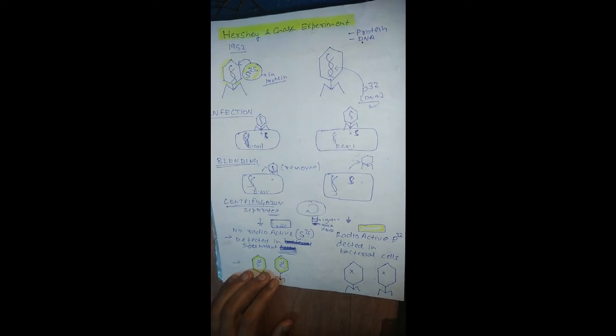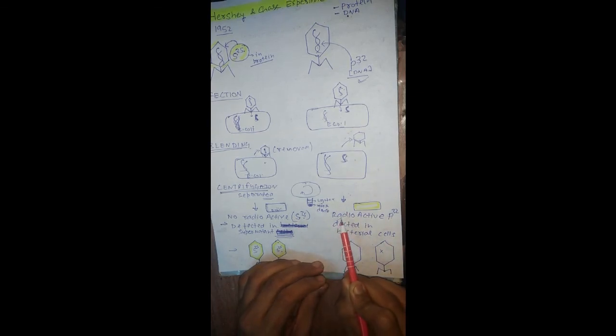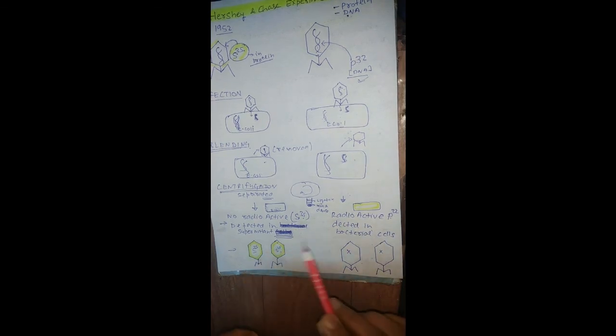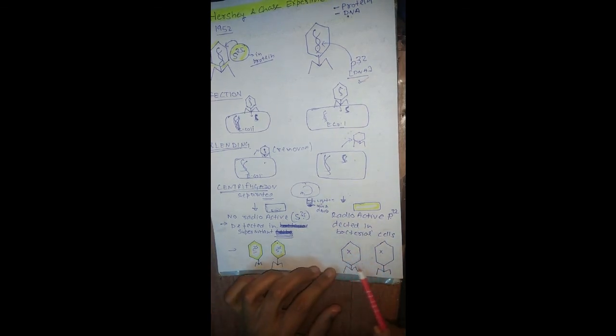The results were like this: we found no radioactive sulfur 35 in the E. coli and detected radioactive sulfur 35 in the supernatant, in the form of the virus. In the parallel experiment, we found that radioactive phosphorus 32 is detected in the bacterial cell and no radioactivity is shown in the supernatant.